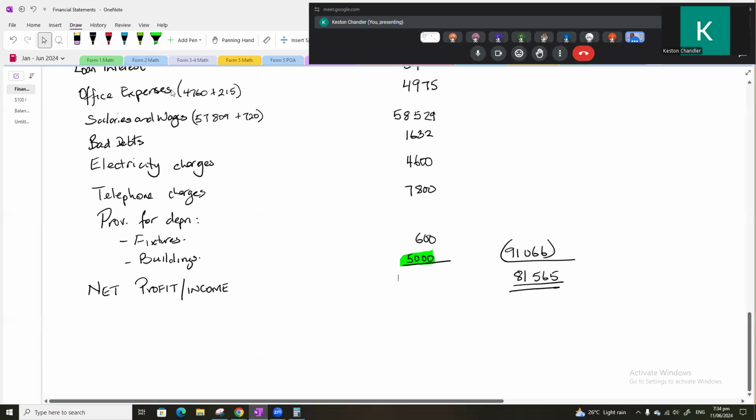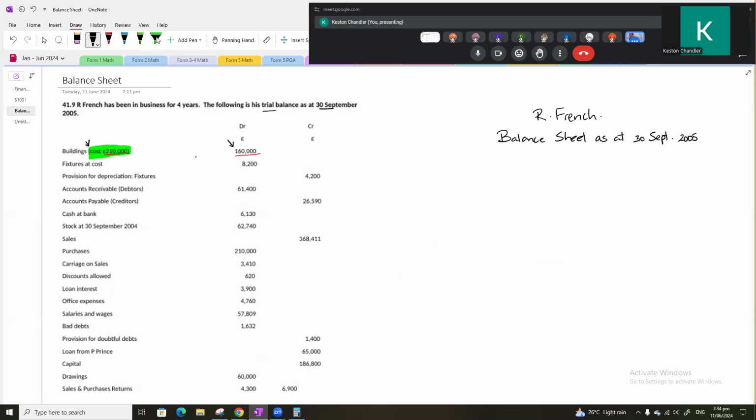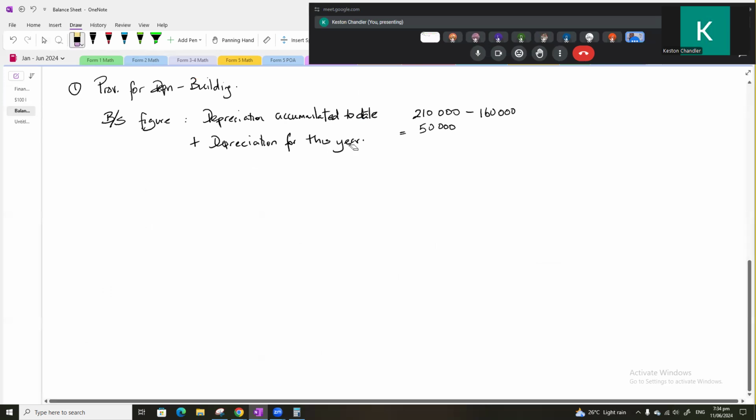Now, this figure that I'm looking at here today, which is my buildings as at the 30th of September 2005, is what we call the net book value. So this figure of 50,000 is actually the depreciation to date. I don't need to add anything to it.